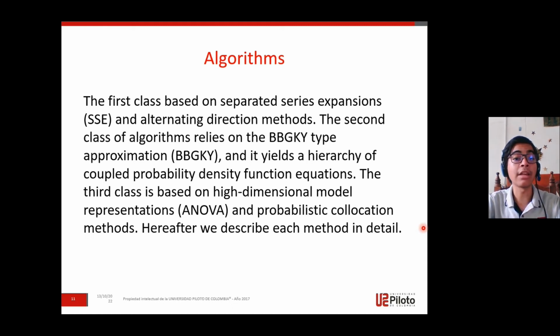The second class of algorithm relies on the BBGKY type of approximation, and it yields a hierarchy of coupled probability density function equations. The third class is based on high-dimensional model representation, the ANOVA and probabilistic collocation method. Hereafter, we describe each method in detail.